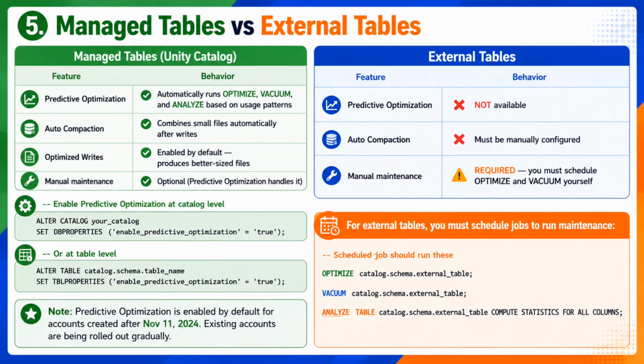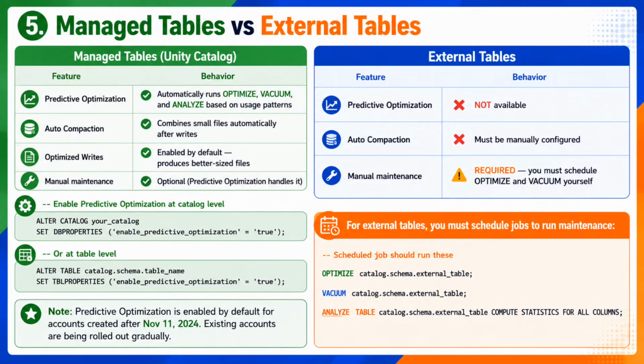Second, auto-compaction automatically combines small files after writes, helping reduce the small file problem. Third, optimized writes are enabled by default and help produce better-sized data files during writes. And finally, manual maintenance becomes optional because predictive optimization can handle these operations automatically.